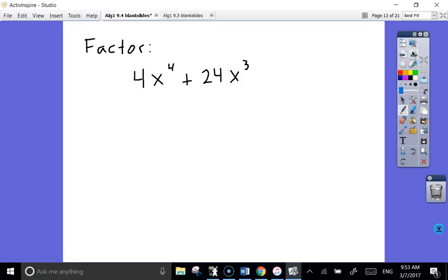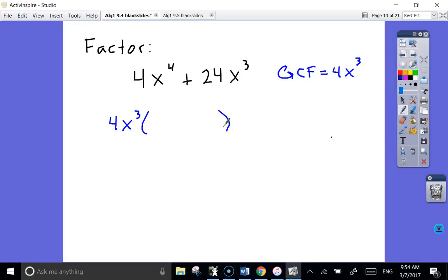So I'm going to identify GCF equals 4x to the third. So I'm going to write that outside parentheses, 4x to the third. Okay, now what stays in parentheses? If I take away 4x to the third from this, what didn't I take away? There was 1x that I didn't take, so that's going to be x.